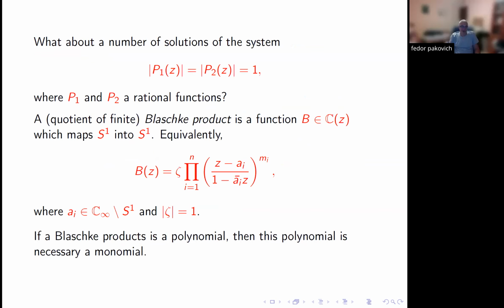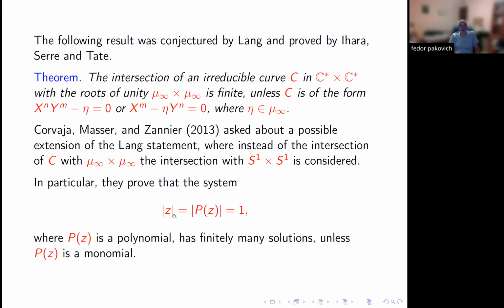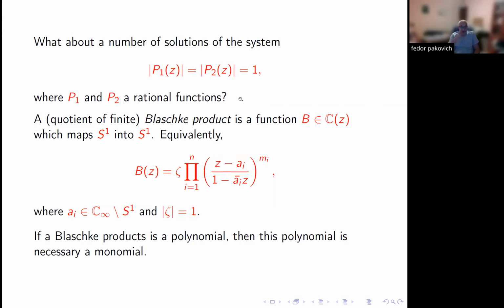So it's natural to ask about the number of solutions of a system of equations where P1 and P2 are arbitrary rational functions, not polynomials in Z, but arbitrary rational functions. We do have solutions which are simply obtained from Blaschke products, more precisely quotients of finite Blaschke products.